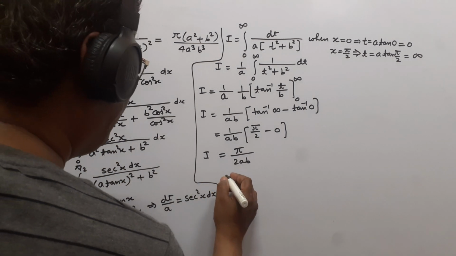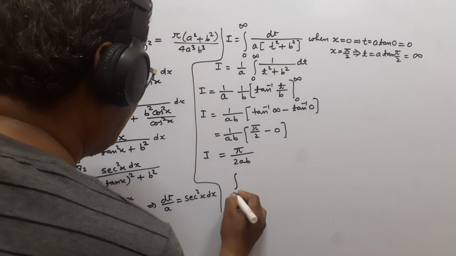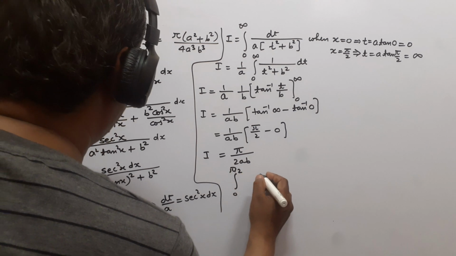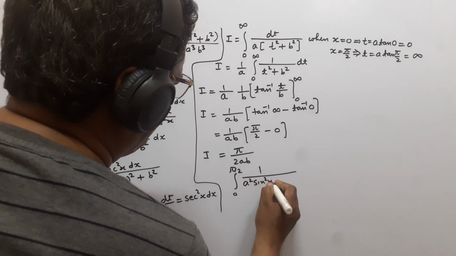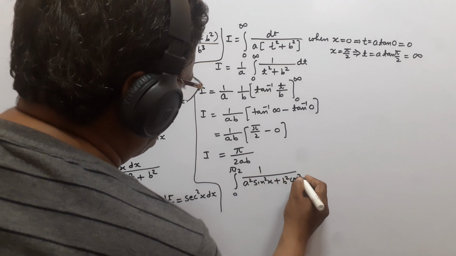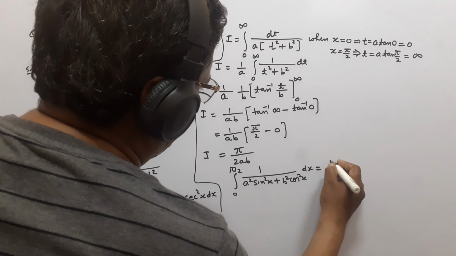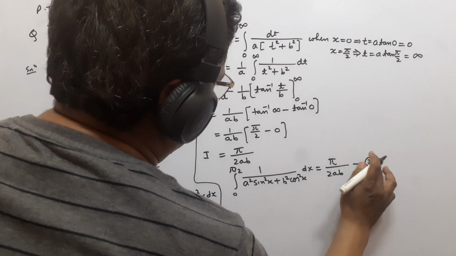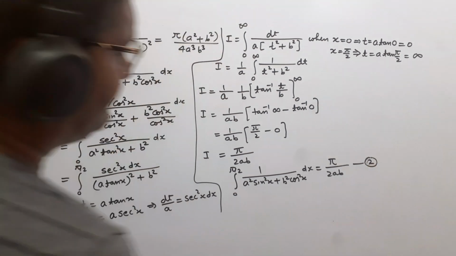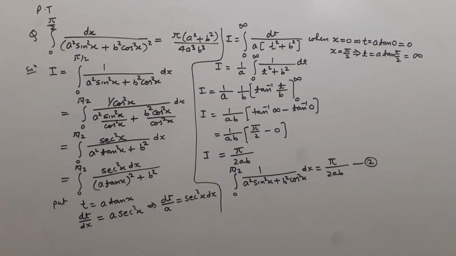So we can see here that the integral from 0 to pi by 2 of 1 upon a square sin square x plus b square cos square x dx is pi upon 2ab. We suppose that this is equation second.